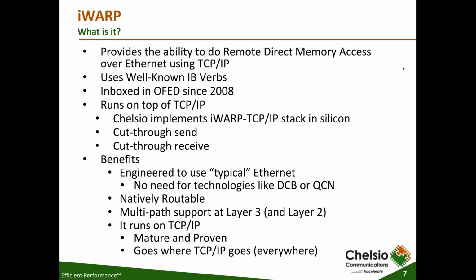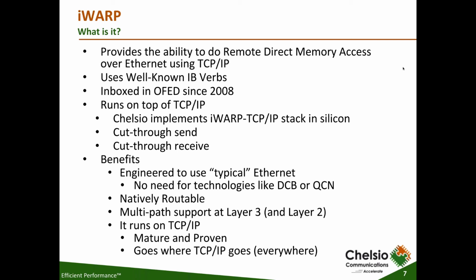It has been around for a few years and is inbox, meaning provided in the standard distribution, in the OpenFabrics Enterprise Distribution, or if you've heard the term, OFED. It uses IB verbs, and as a result, many, if not all, applications that are written to use InfiniBand will work with iWARP with no changes at all to the application. But anyway, back to TCP.